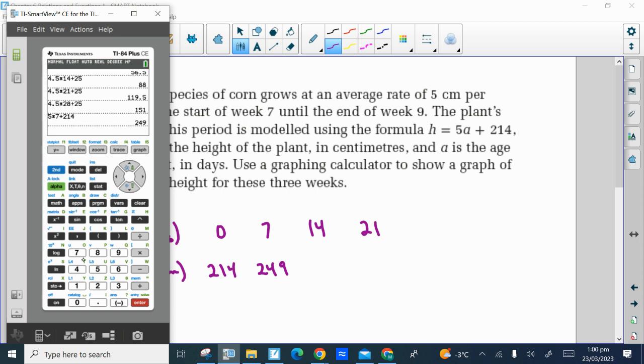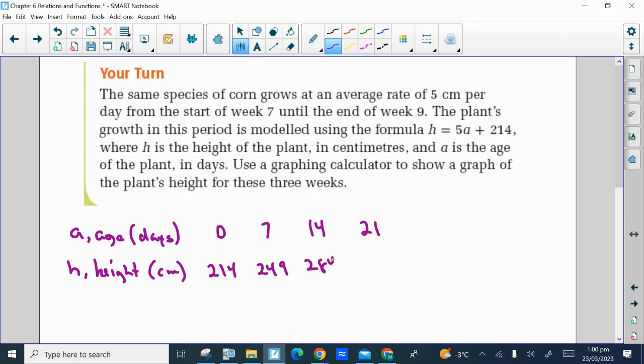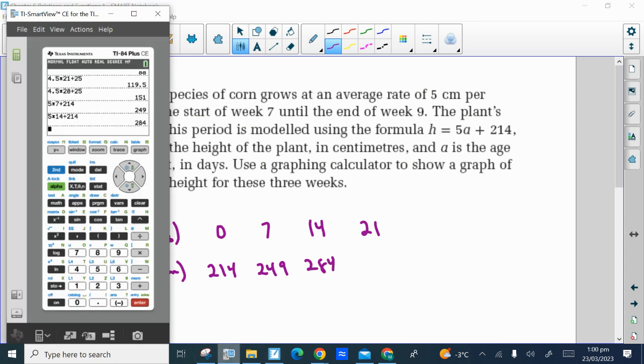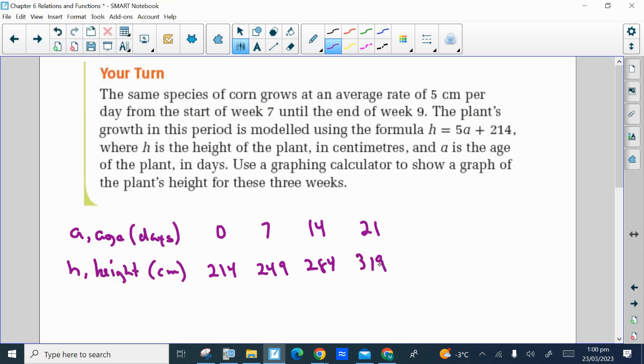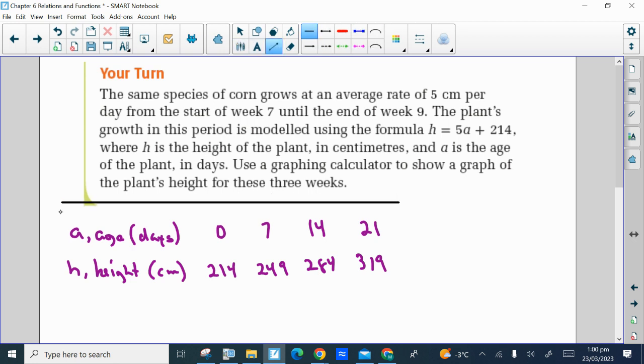When a is 14, it'll be 5 times 14 plus 214. 284 centimeters tall. And the last one, when a is 21, 319 centimeters. So there's our table, which I'll now draw our boxes around.